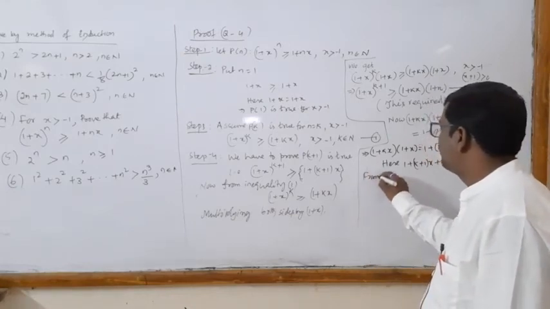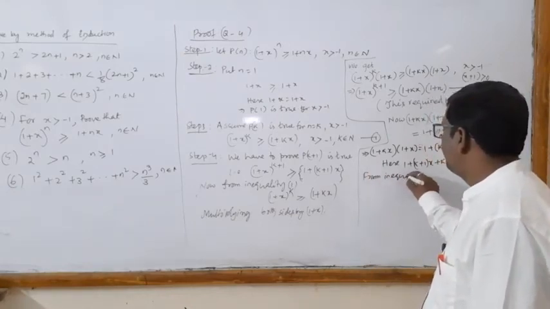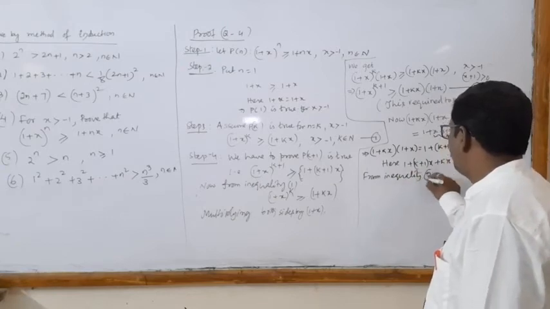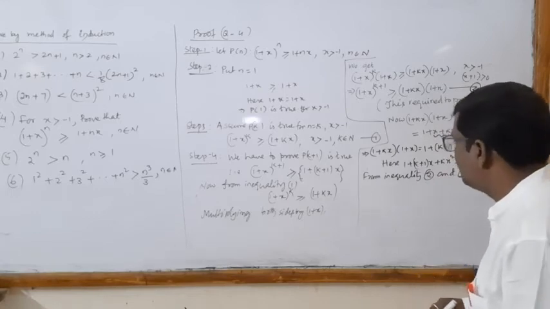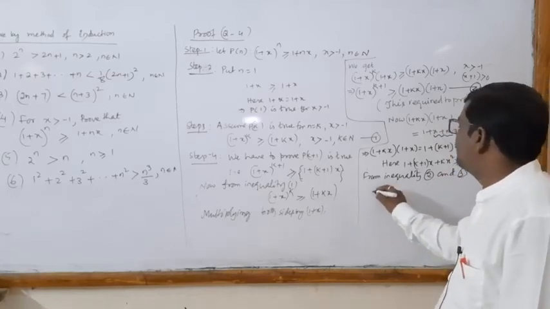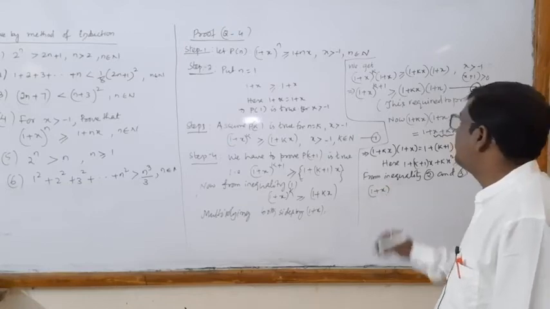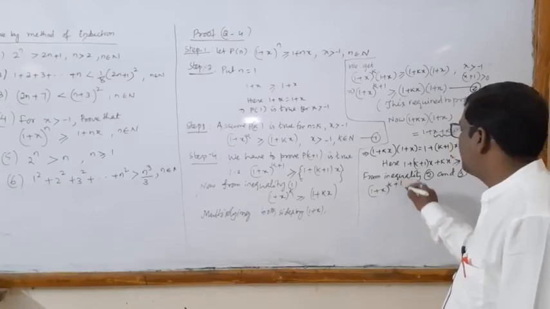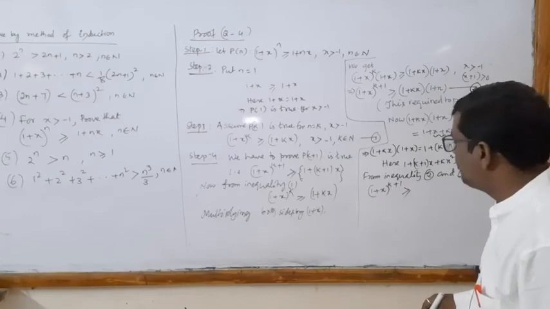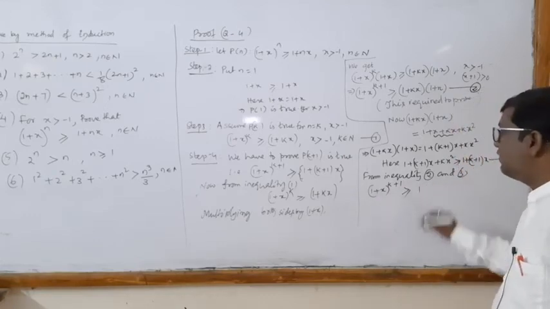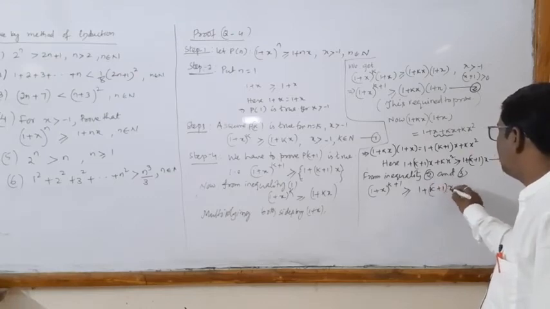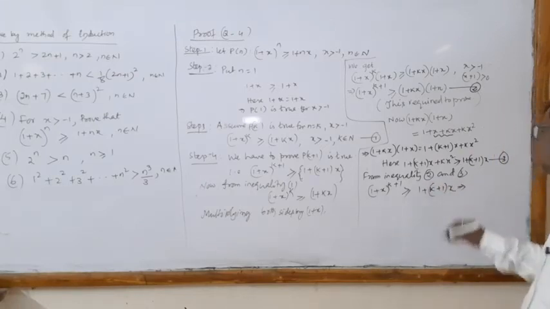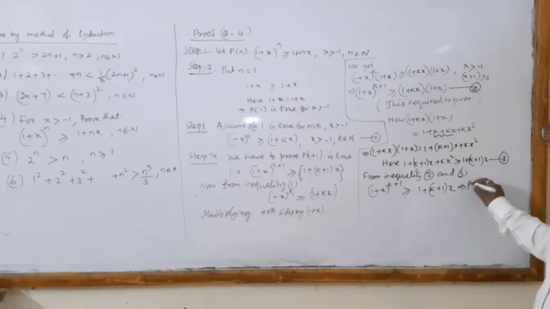From inequality 2 and 3, we get 1 plus x whole to the power k plus 1 greater than or equal to 1 plus k plus 1 into x. That implies P of k plus 1 is true.